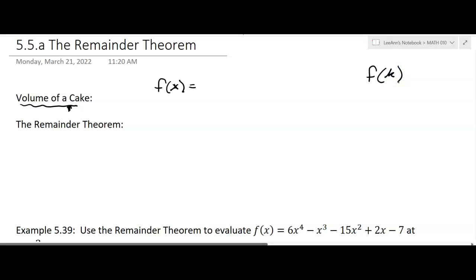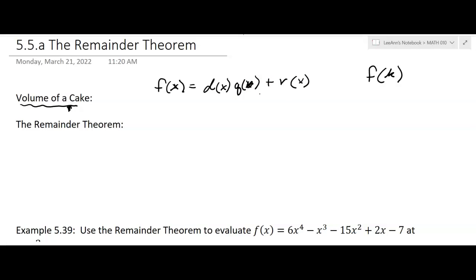Now we know how to evaluate a polynomial for a number, but we're going to learn a new technique here. We know a polynomial can be divided by another polynomial, and then there's a quotient plus a remainder, and those are all polynomials. We had that with the division algorithm.